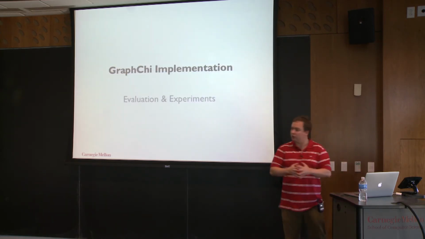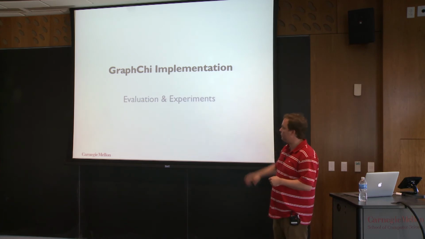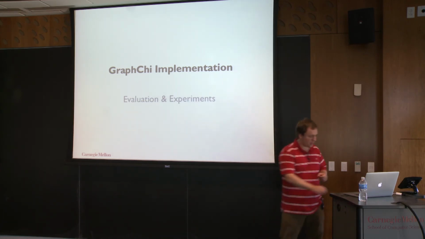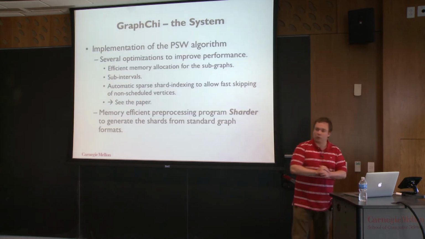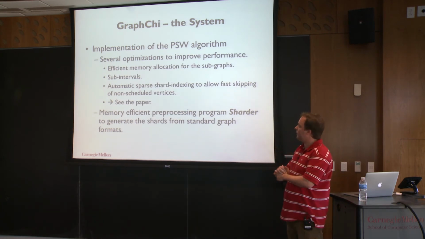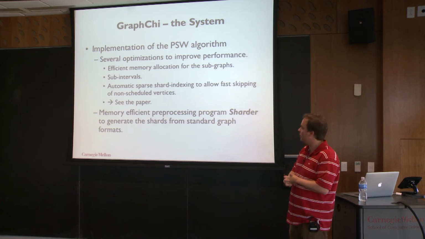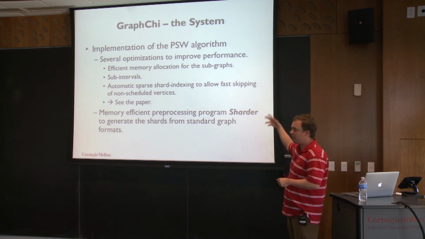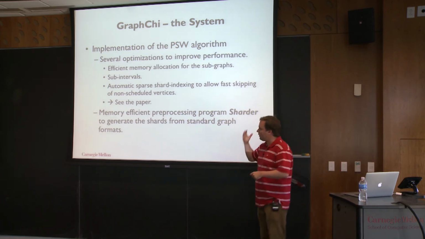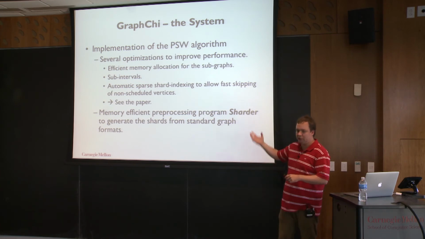Okay, let's talk about the implementation quickly and some experiments we made on the system. So GraphChi is the name of the system, and it's an implementation of the algorithm I just described. There are several optimizations to make it run faster and save memory, but you can see the paper for those.